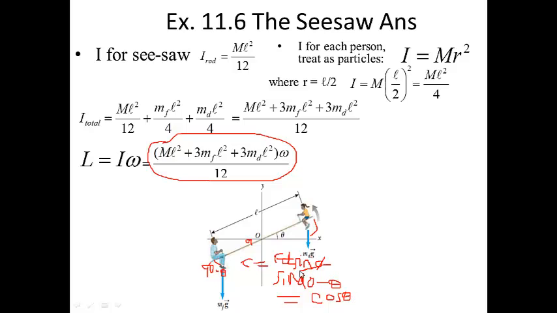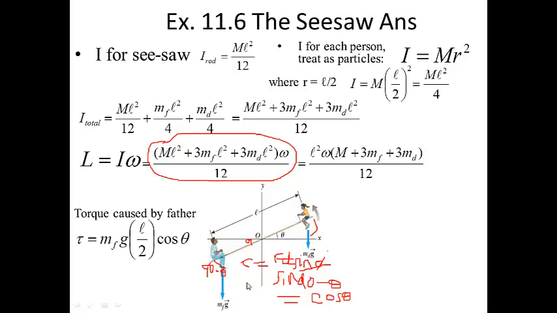So we can change this to cosine theta right here. What this boils down to is that the torque caused by the father is equal to this. So the weight times the distance times the cosine of theta. Oh, and you can, if you want to, factor out the L squared. Both of these answers are correct up here.